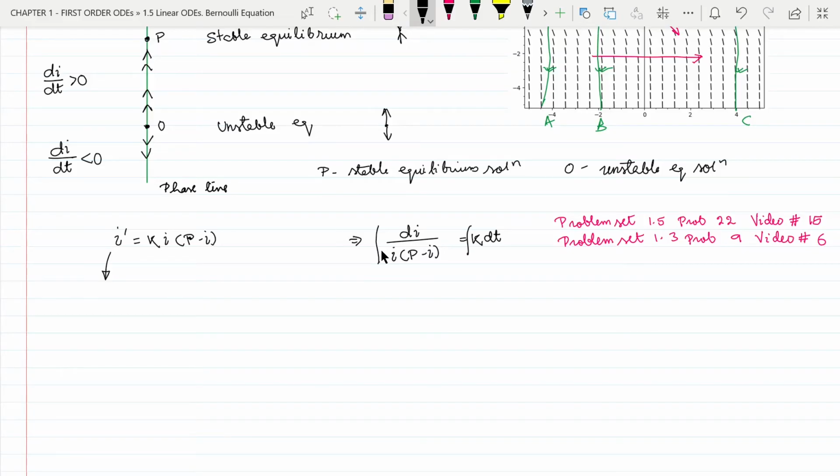So let us write this differential equation as I dash equal to k I p minus k I square. This can be written as I dash minus k p I equal to minus k I square. We can see that this is in Bernoulli equation form, where a equal to 2 because this exponent is 2.